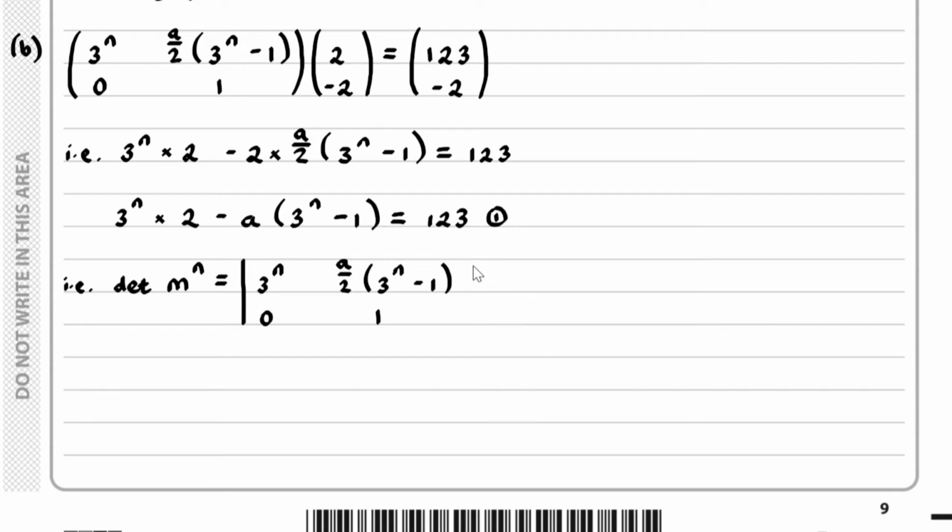We want the determinant of this matrix. So if we work out the determinant, we have 3 to the n times 1, subtract 0 multiplied by a over 2 multiplied by 3 to the n minus 1. So the determinant of M to the n is equal to 3 to the n.